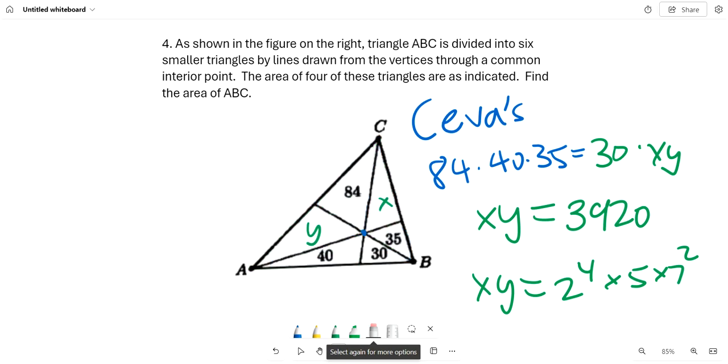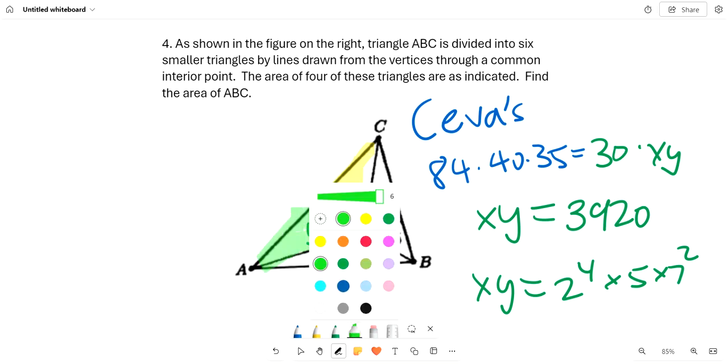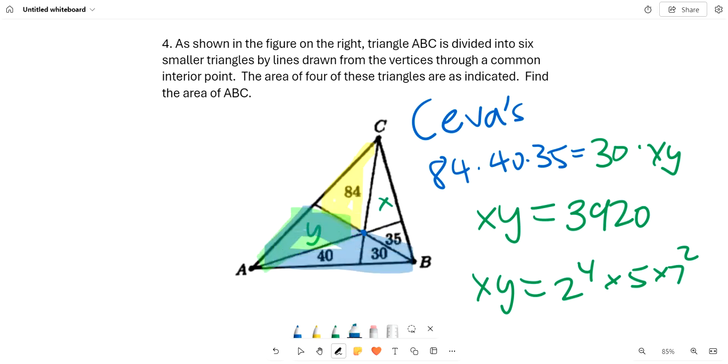So we want x and y such that this triangle to this triangle also equals these big triangles, because same base, right? So we have to make the proportions match too. And that's pretty easy because we find that 7 squared is good because most of the things are divisible by 7.